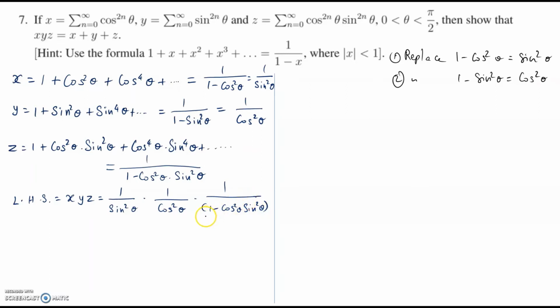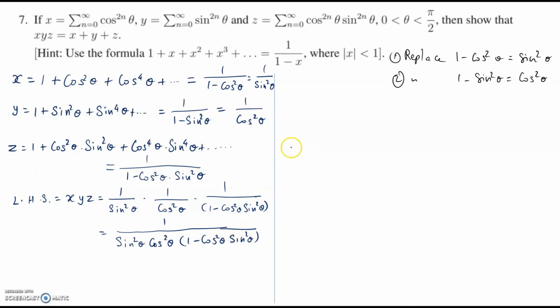So further simplifying, we can say this is equal to 1 divided by sine squared theta cos squared theta into 1 minus cos squared theta sine squared theta.